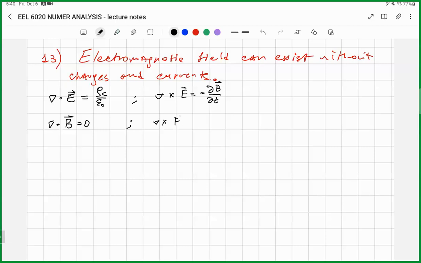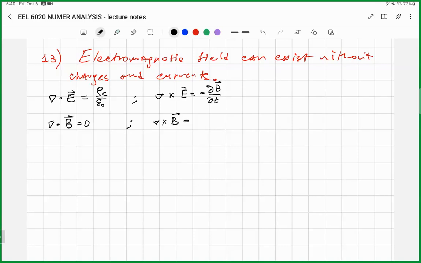In our case, it was curl of H, and then on the right side, the time derivative of electric field. But let me multiply both parts by mu 0, and mu 0 times H is equal to B, right? In this case, in free space.